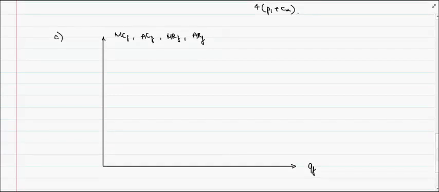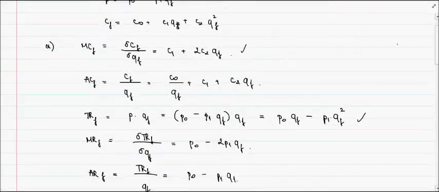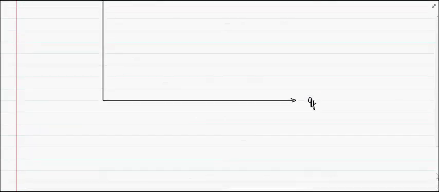Okay, so the marginal cost we found earlier is C1 plus 2 C2 QF.